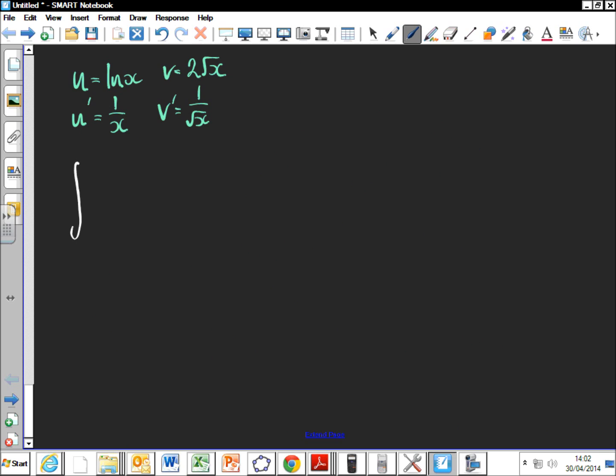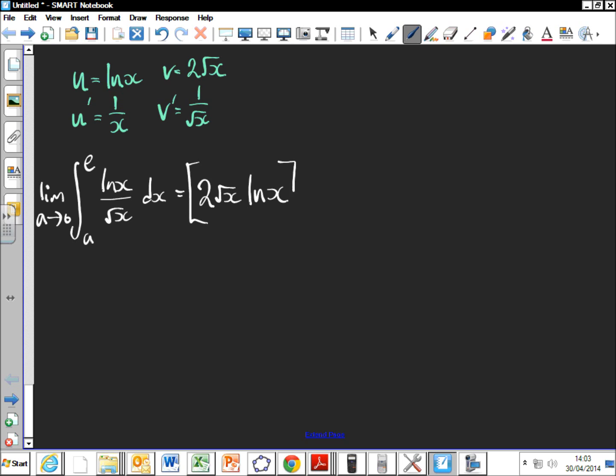So we're trying to integrate between e and a, the limit when a goes to 0, of ln x over root x dx. And we're saying that should be the same as u times v, so that's 2 root x ln x, yeah?